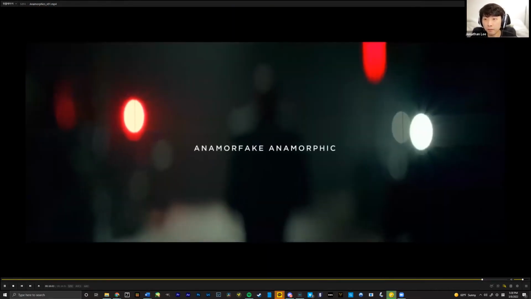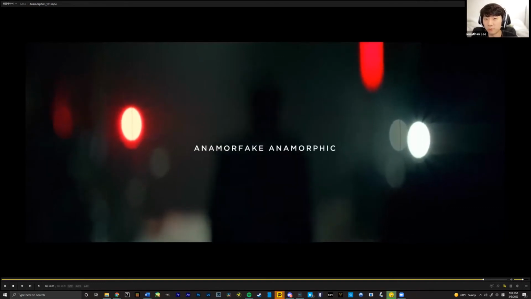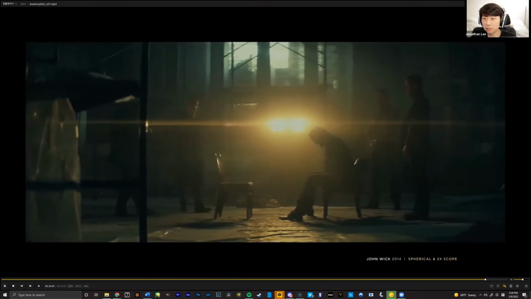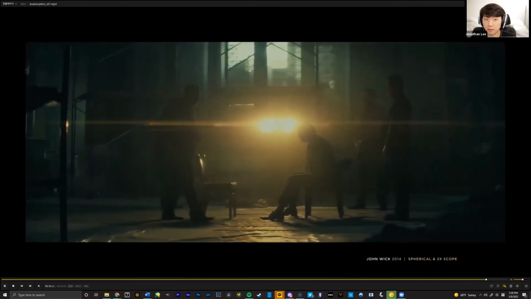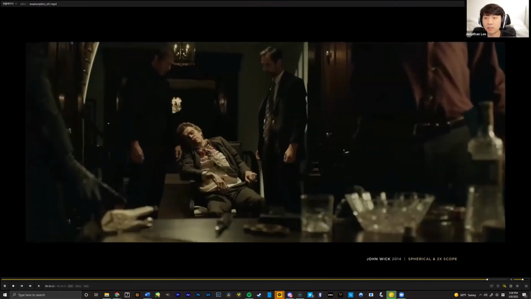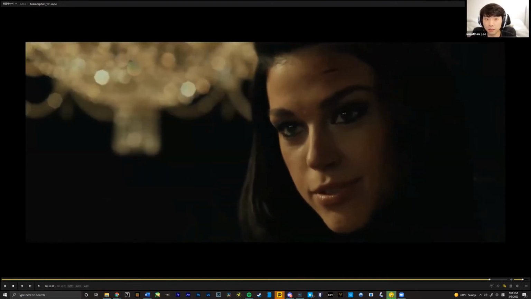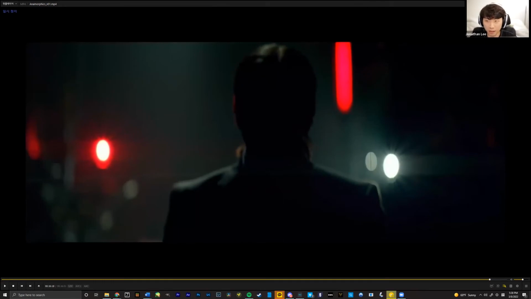But even Hollywood uses anamorphics. This is a scene from John Wick, which actually used anamorphic lenses, but it didn't flare as much as they wanted. So they basically added a streak filter in front of it to create anamorphic effects.